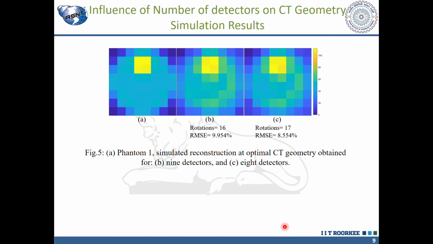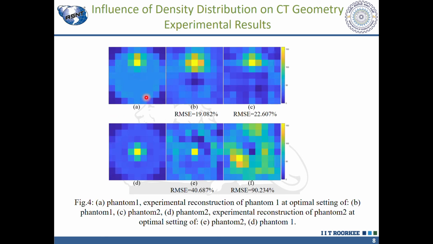Then we demonstrated the influence of the number of detectors on CT geometry parameters. Here are the simulation results. At the optimal geometry of phantom first, we changed the number of detectors from 9 to 8. In our previous study, we had taken the number of detectors as 9.